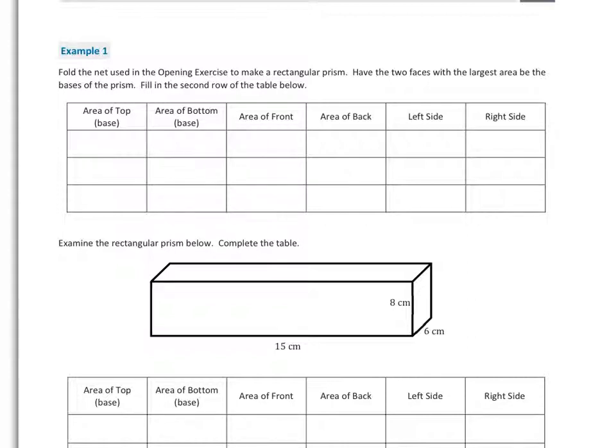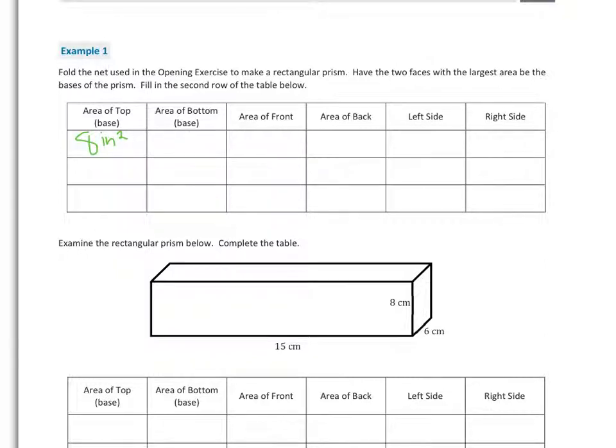So we have actually already found what all of these things are. This is the area of the top, right? Our bases in that last one were both 8. These are all inches squared, but I'm just going to write the number.